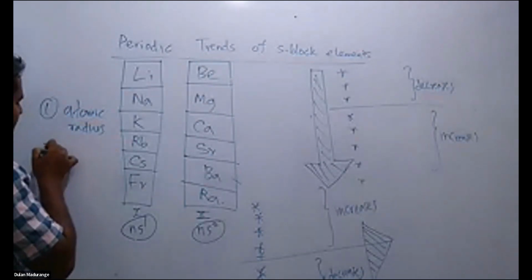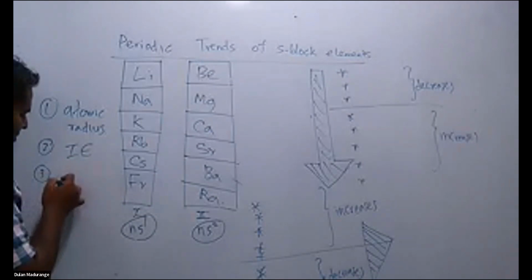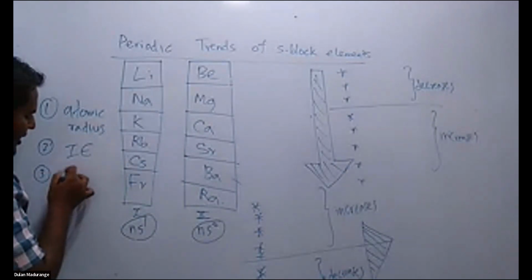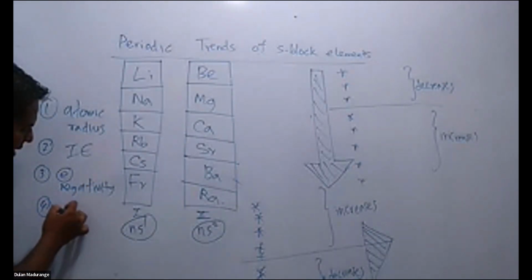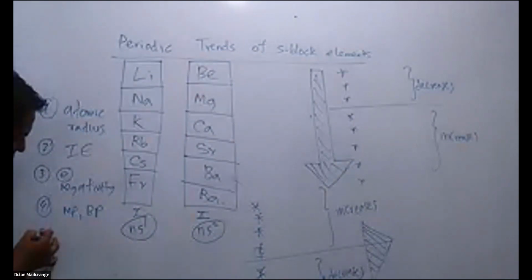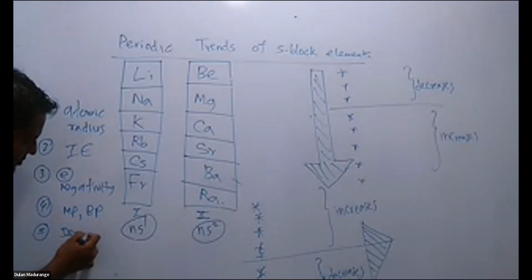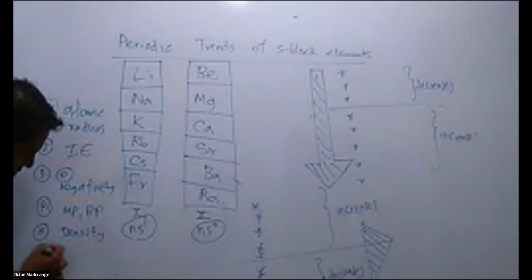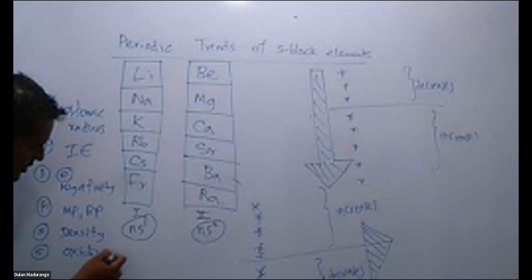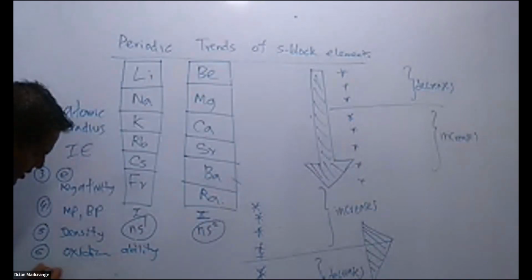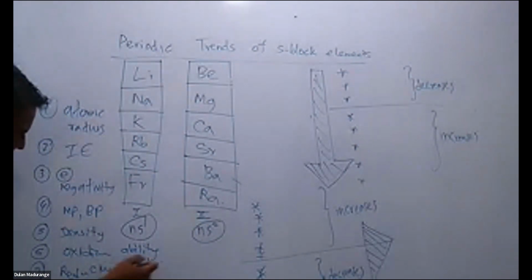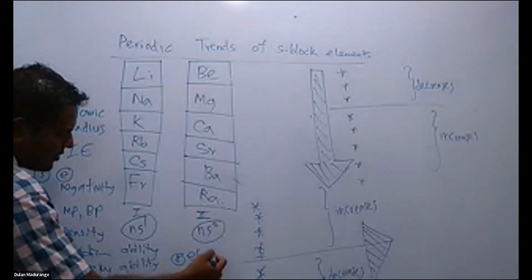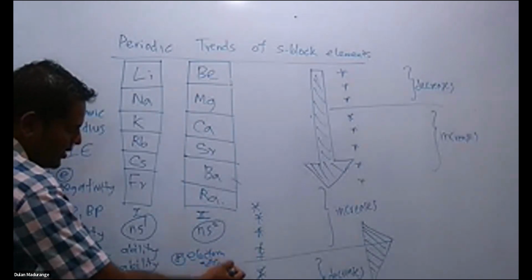Then ionization energy, electronegativity, melting points, boiling points, density, oxidizing ability, reducing ability, and electron affinity. So these are some trends.